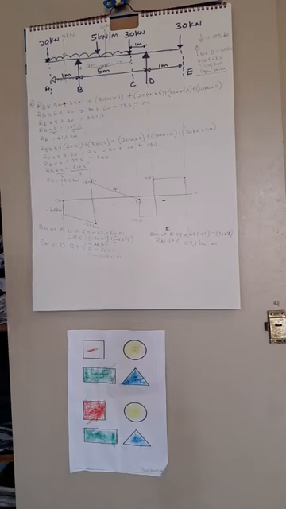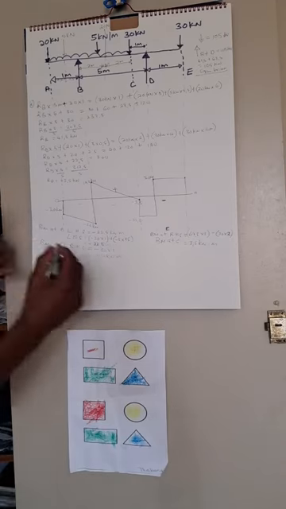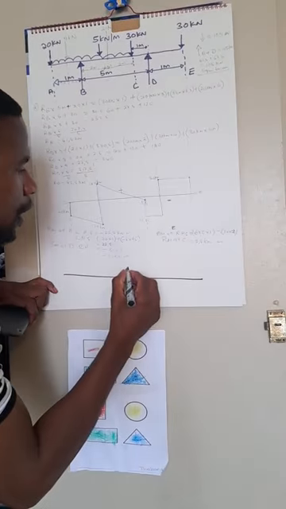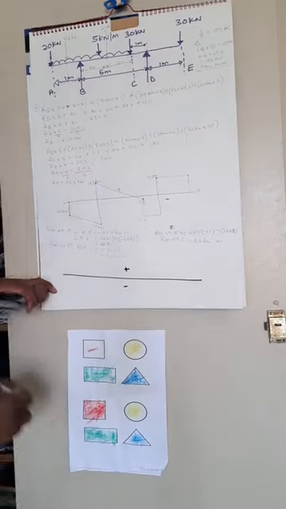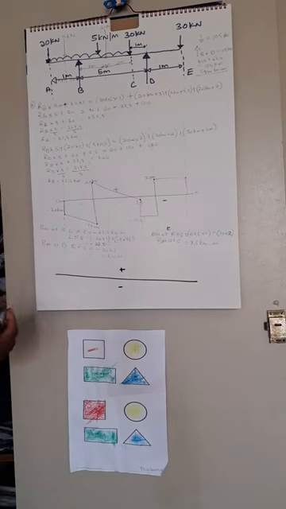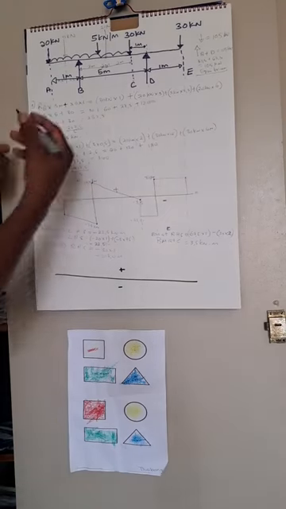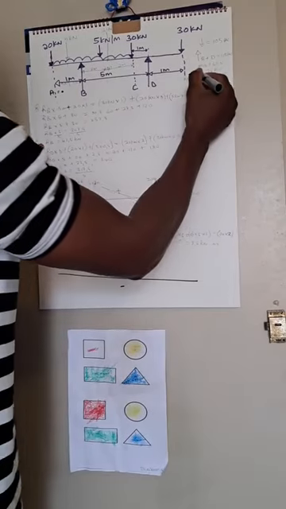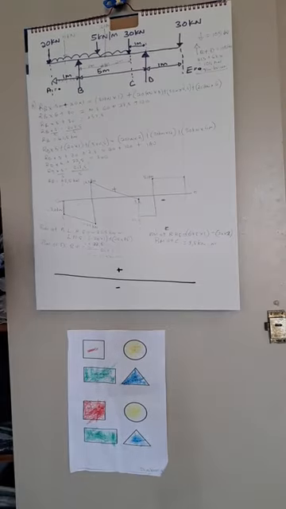Now, the last step, they want us to draw the bending moments diagram. So to draw our bending moments diagram, we come here to this point, our plus and our minus. If you look at our diagram, bending moments at the peripheries of our diagram, which is our A and the E, is always equal to 0.